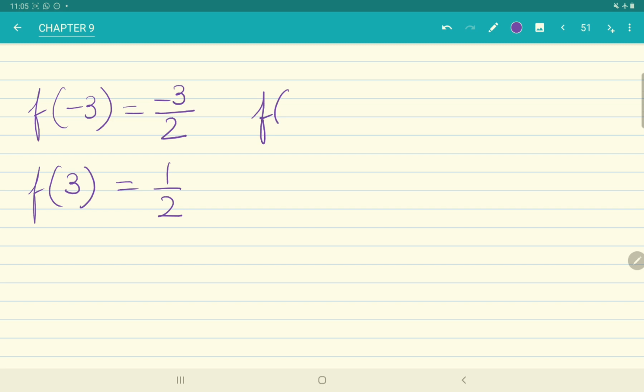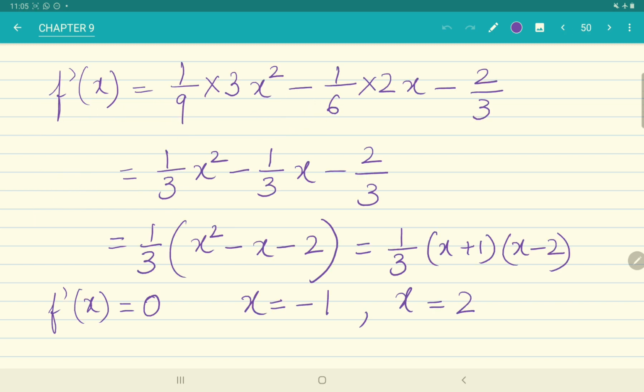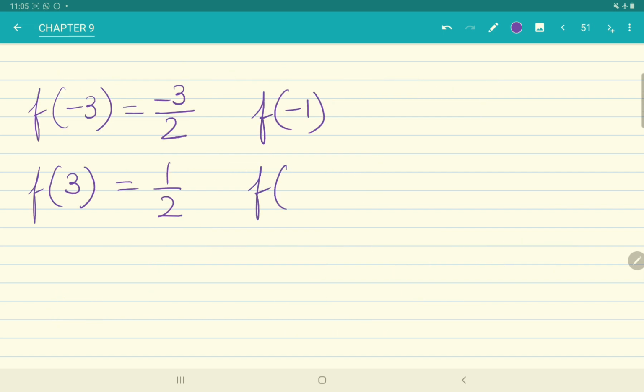Now we go for f(-1), because we know that these are the stationary points, and then I also calculate f(2). f(-1) is 25/18, and f(2) is going to turn out to be minus 1/9.